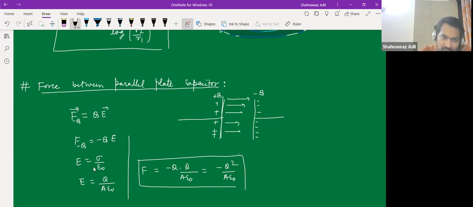That is sigma by 2 epsilon naught, right? So this would be 2 and this would be 2 and then this would be 2. So please correct. Okay, so this is E due to Q charge.